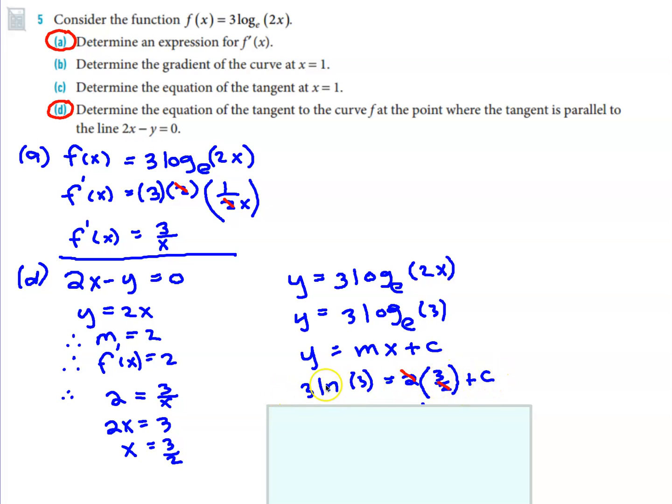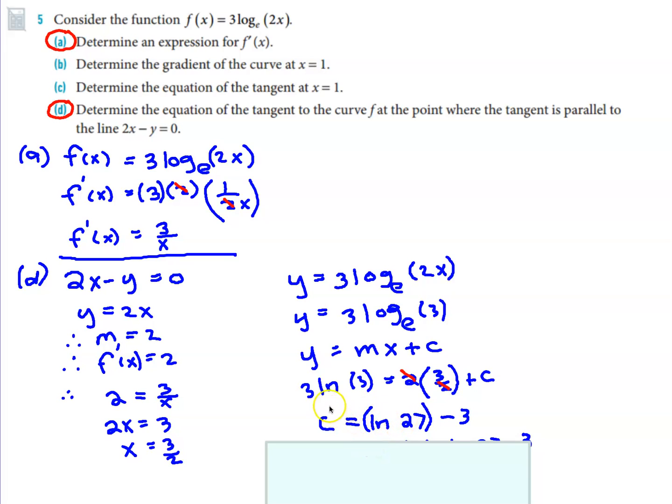So the standard way of doing these questions is find the gradient, find x and y, sub it into that, solve for c. Okay, the 2's cross out. That leaves us with c equals, well, what I did here is I brought the 3 up top. So I get natural log of 3 to the power of 3, or natural log of 27. You could leave it like that if you wanted to. That would be fine.